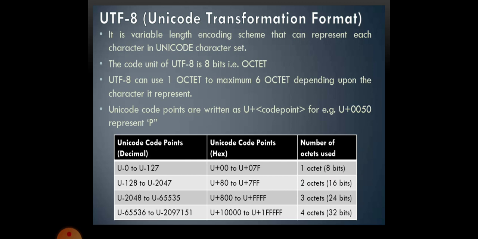If it is 1, it represents only 8 bits. If it is 2, it represents 16 bits. If it is 3, then it is 24 bits. If it is 4, then 32 bits.